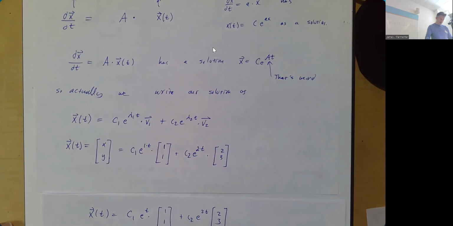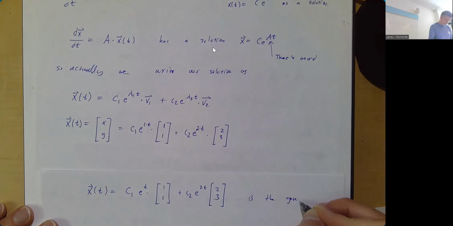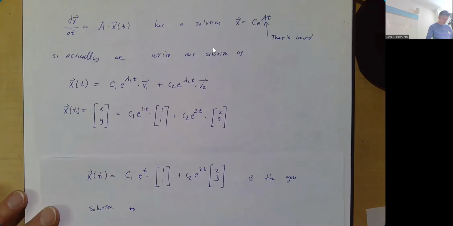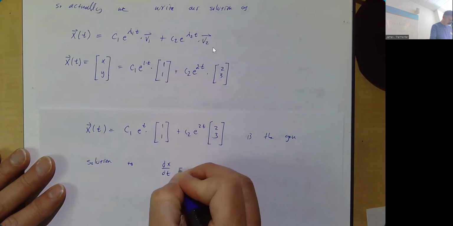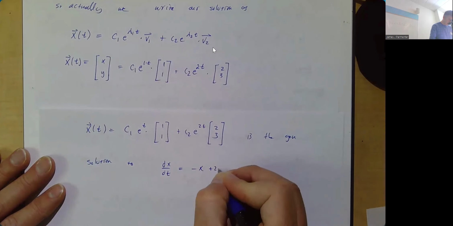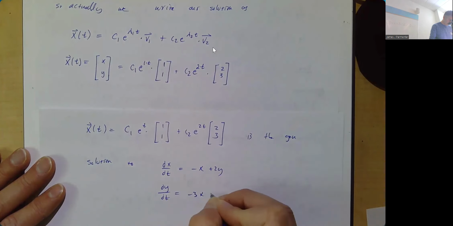Now, I'll remind everybody that this is the general solution to our system of equations, which was dx/dt equal to negative x plus 2y, and dy/dt equal to negative 3x plus 4y.